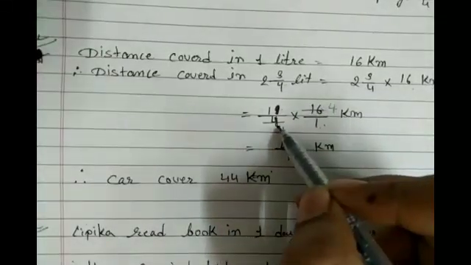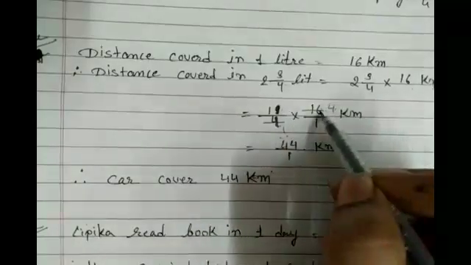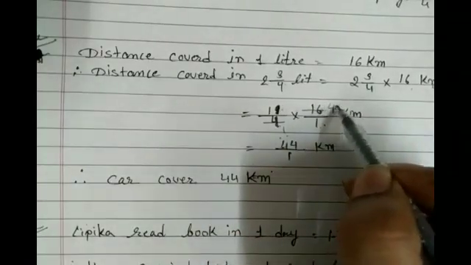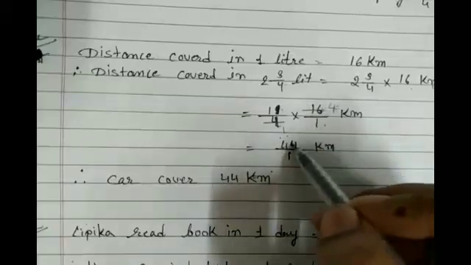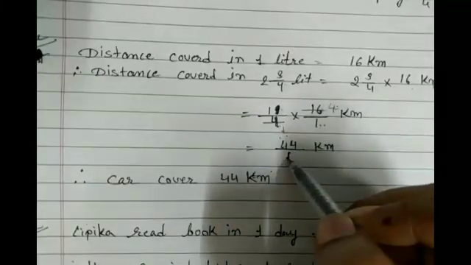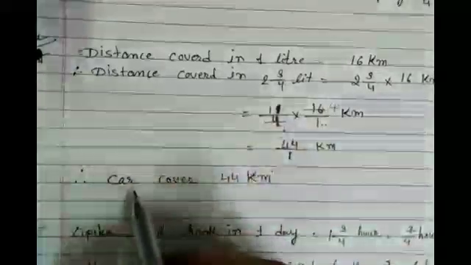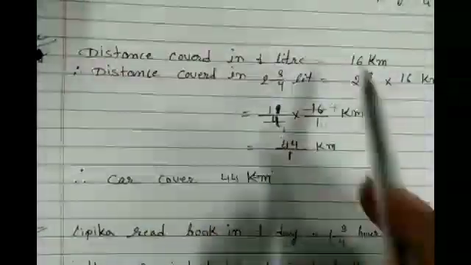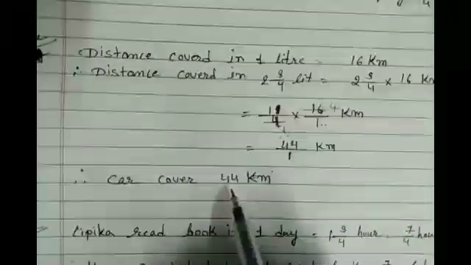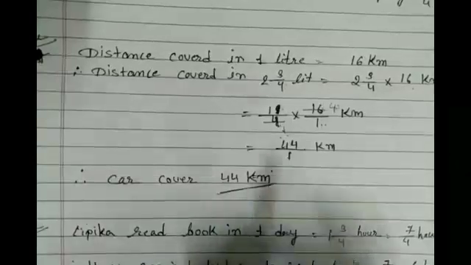When we cut 4 by 4 we get 1. When we cut 16 by 4 we get 4. So 11 4s are 44. 1 ones are 1. It means the distance covered by the car in 2 3 upon 4 liters is equal to 44 kilometers. This is our answer.